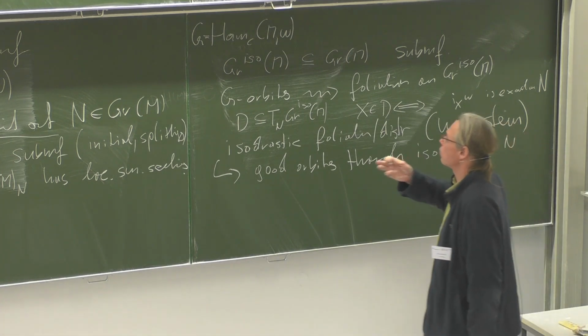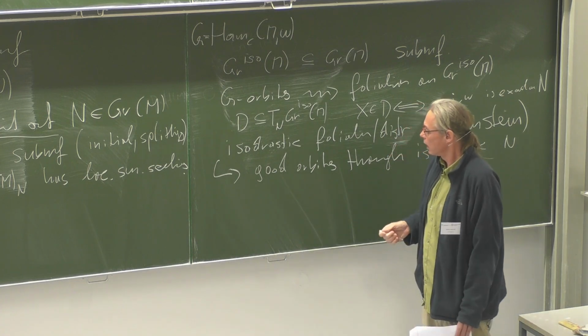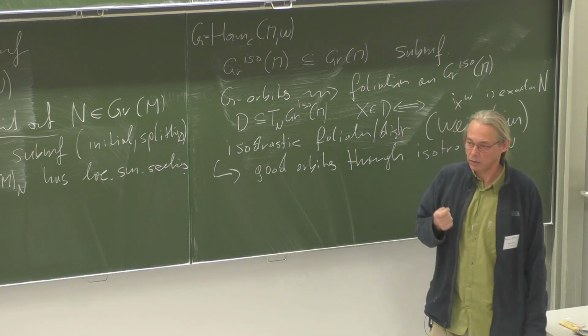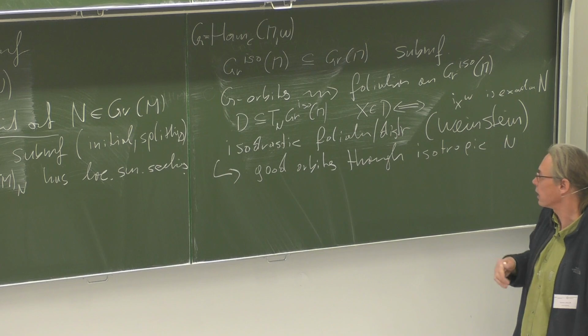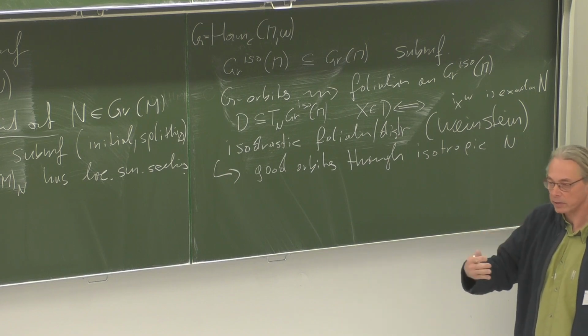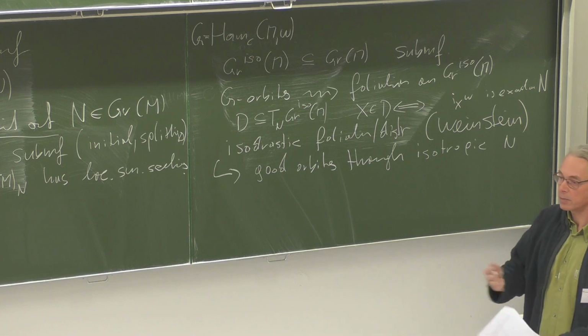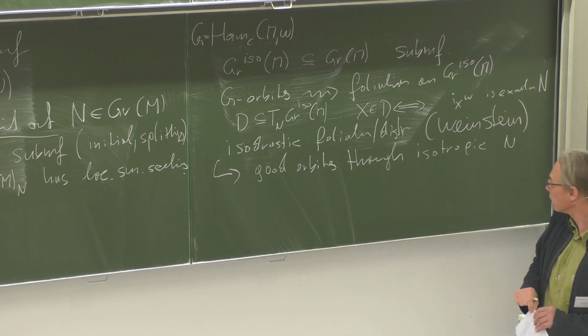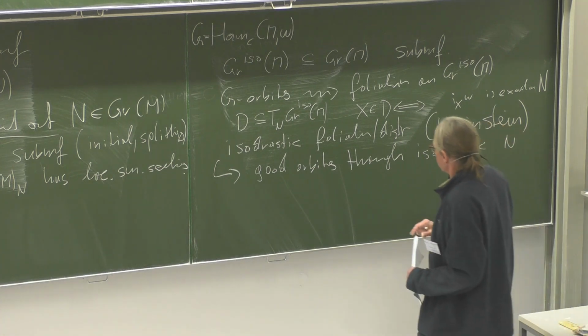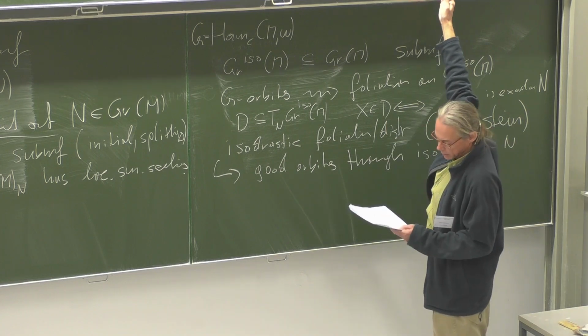If you consider more general submanifolds, you would not expect good orbits. The other class that's really good are symplectic submanifolds. It's even open orbits, but if there's some kind of mixture, it's hopeless, I'd say. So sometimes we have good orbits.